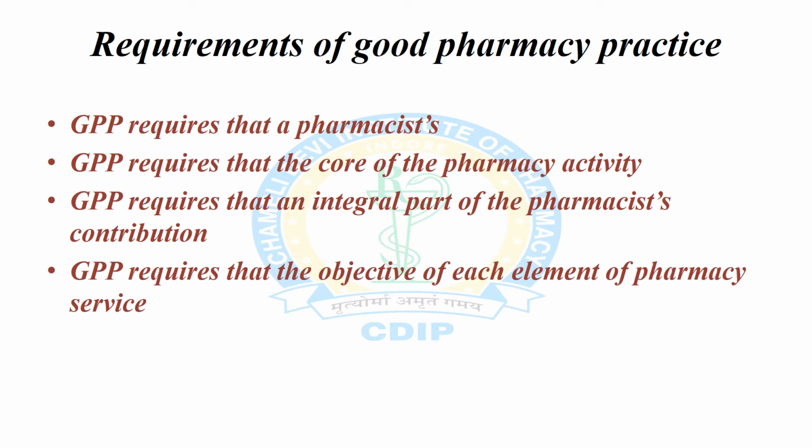Fundamental functions include the supply of medicines or medication and other healthcare products of assured quality, the provision of appropriate information and advice to the patients, administration of medication when required, and the monitoring of the effect of medication use. Third, good pharmacy practice requires that an integral part of the pharmacist's contribution is the promotion of rational and economic prescribing as well as dispensing.